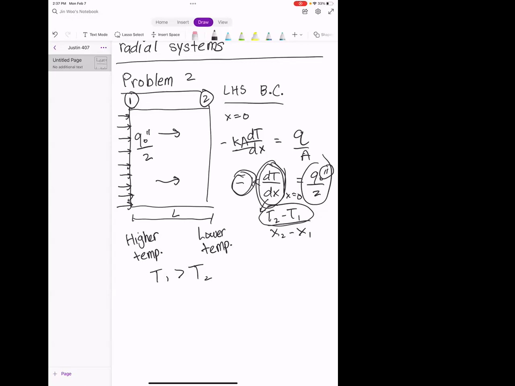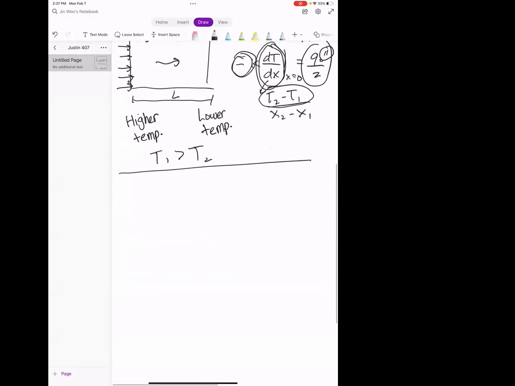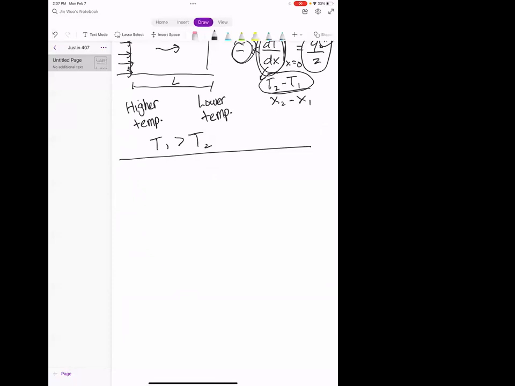All right. So let's go ahead and pick up where we left off. We left off last week talking about the heat equation in cylindrical systems.